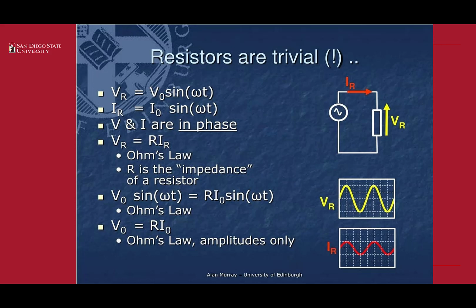And VR, the voltage over the resistor, is found as V0, which is the maximum amplitude, times sine omega t, where t is the changing time, the passing time, and omega is the angular frequency. IR similarly is depicted as I0, the maximum amplitude of the current measured in amperes, times sine omega t.